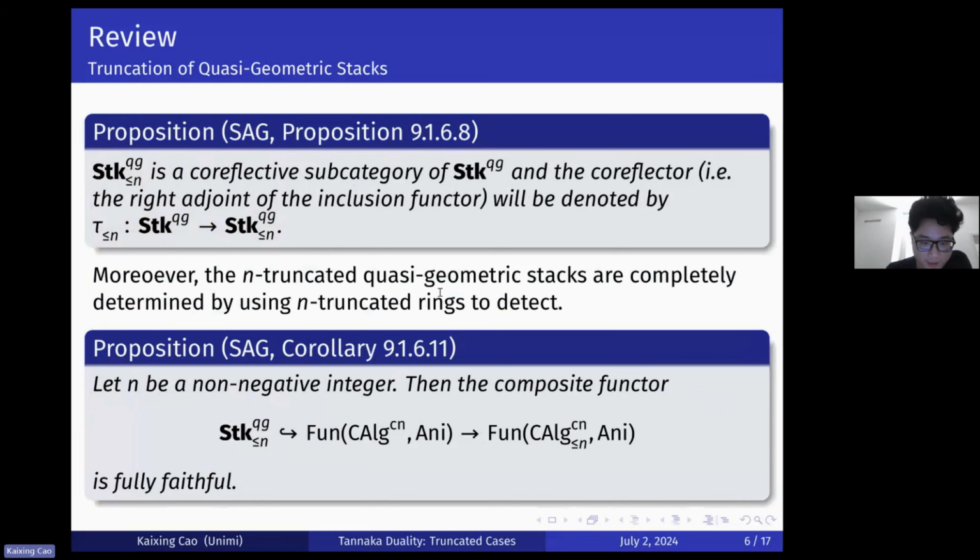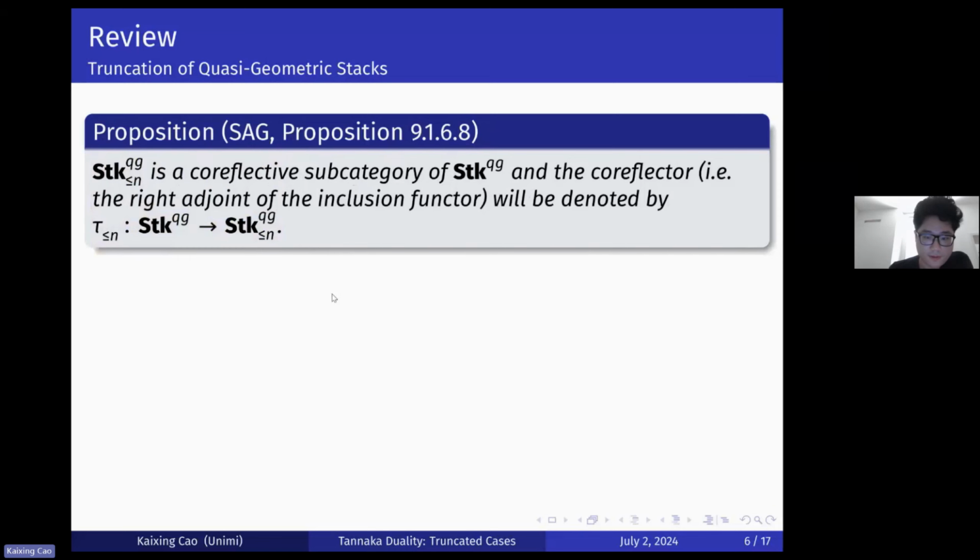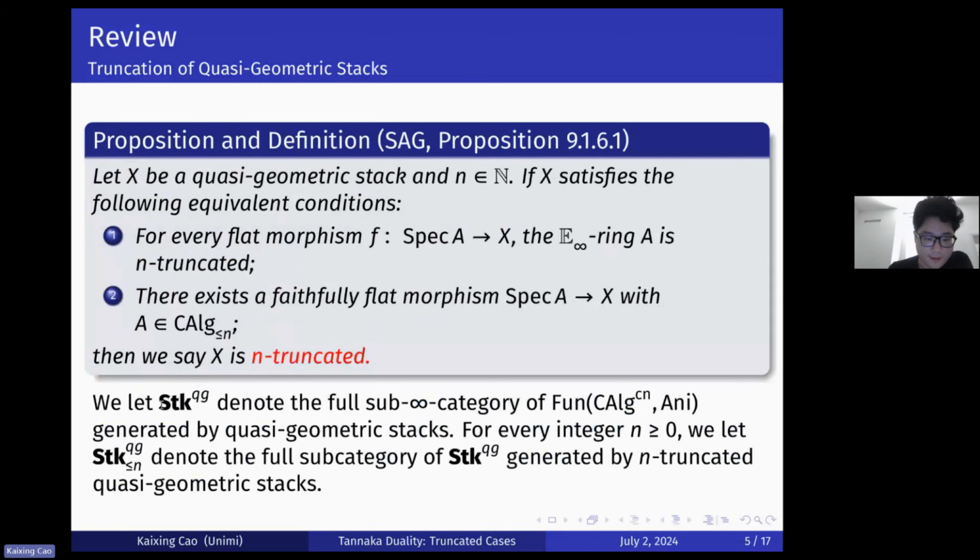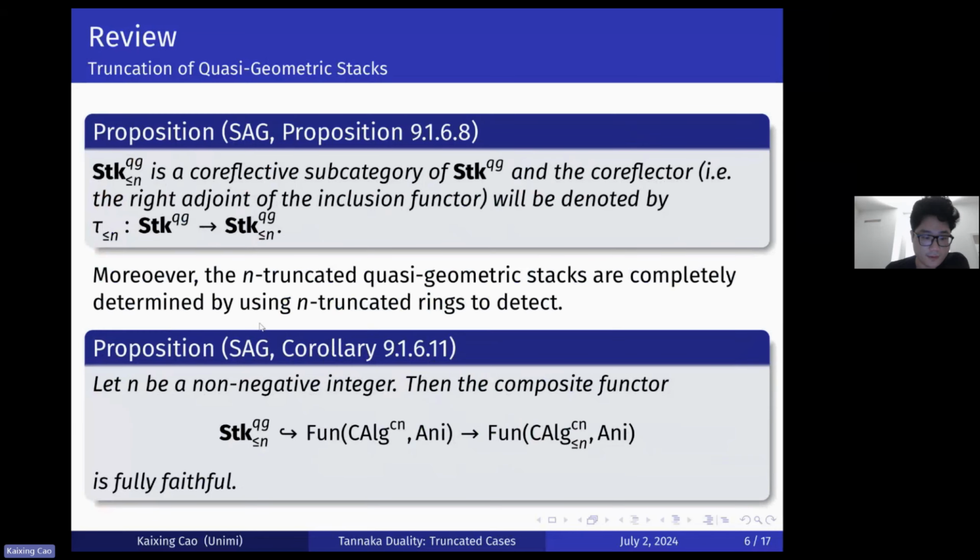By definition, a quasi-geometric stack is just a functor detected by all the connective commutative algebra spectra. But for an n-truncated quasi-geometric stack, we hope that we can detect it by only the n-truncated connective commutative algebra spectra. This is a proposition proved by Lurie.